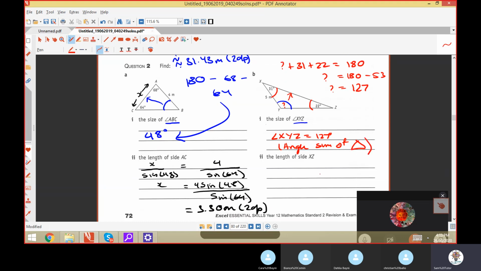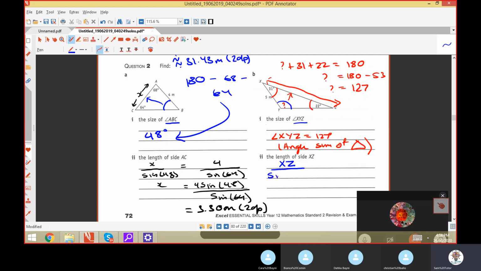Then it says find the length of XZ, which is this distance here. So what can we use now? We could use sine rule now. Because now we know this angle, we have to find this side. So we could say XZ is all over, what's the angle that it belongs to? What's the value? 127, the one that we just found.